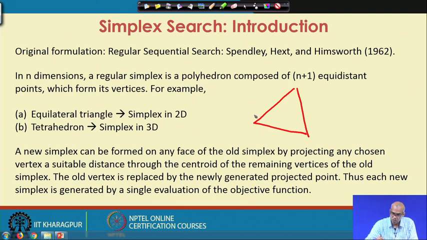So, let me choose this vertex. This vertex will be projected a suitable distance through the centroid. So, let us say this is the centroid.